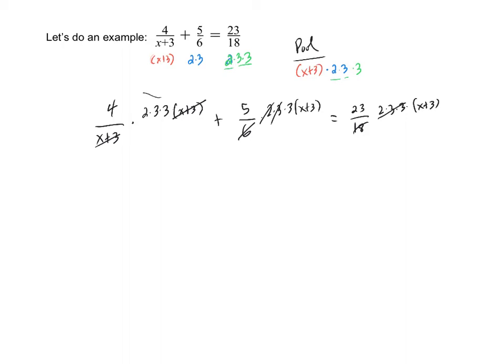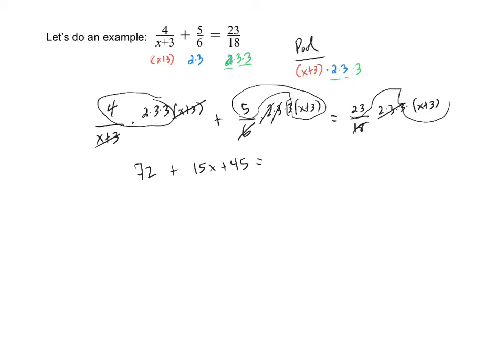So here I have 4 times 2 times 3 times 3, which is 72. Here I have 5 times 3 times x plus 3, which is 15x plus 45. And here I have 23 times x plus 3, which is 23x plus 69.